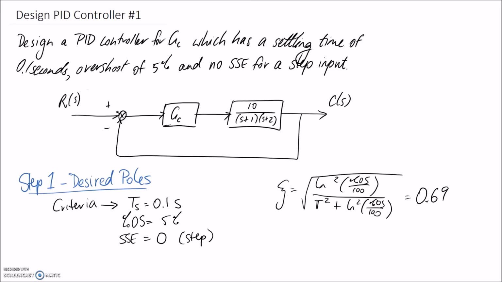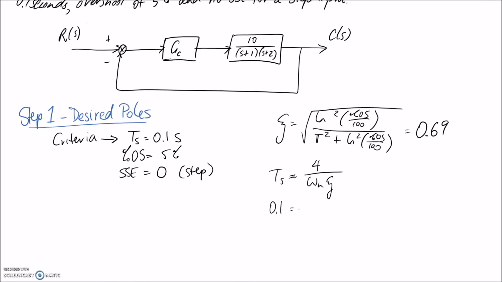So now I should be able to figure out what omega n needs to be based on this settling time requirement. And we have this equation to work with, where we know the settling time is equal to, I should write approximately, 4 divided by omega n times zeta. So if we sub into this, we have that our settling time needs to be 0.1.